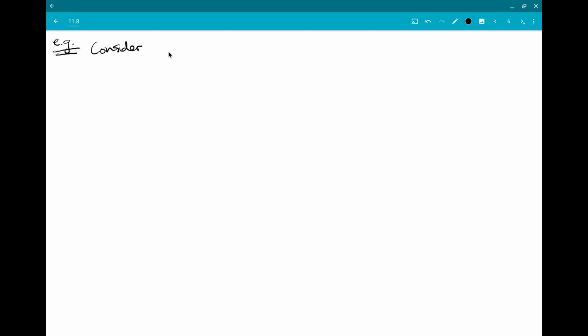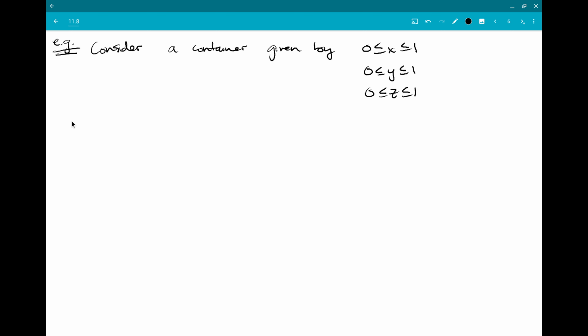Okay, so this is kind of a word problem too. Consider a container given by 0 less than or equal to x less than or equal to 1, 0 less than or equal to y less than or equal to 1, and 0 less than or equal to z less than or equal to 1. It's a box.